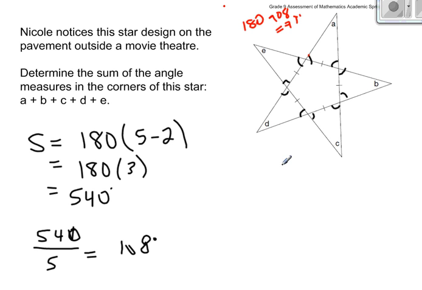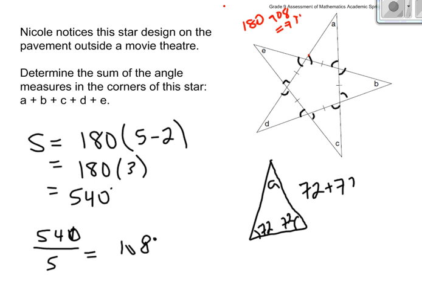So now let's look carefully at one triangle. So this is 72. This is 72. And this, we'll say it's A. Now, because it's a triangle, we know that the sum of the angles is 180, so I can say that 72 plus 72 plus A equals 180 degrees, and then I can solve for A. So 144 plus A is 180 degrees, and then solving for A, I get a value of 36 degrees.